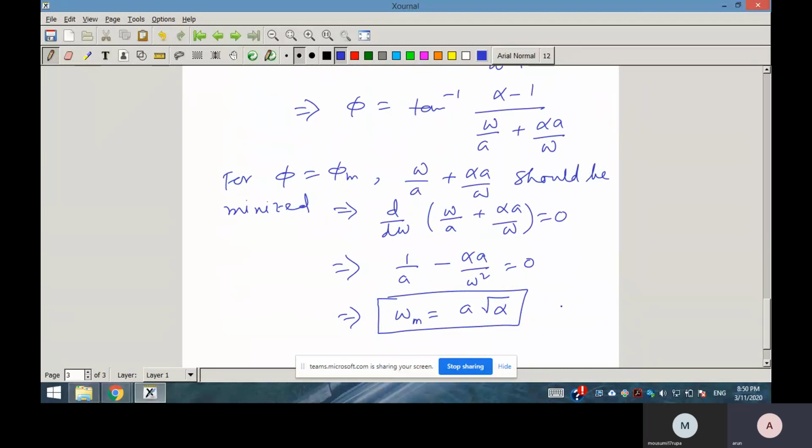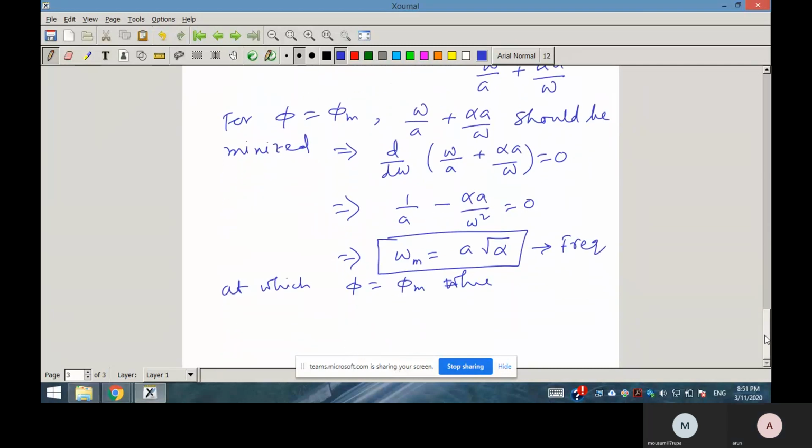This is the frequency at which phase will be maximized, where phi will be equal to phi m, the maximum phase.